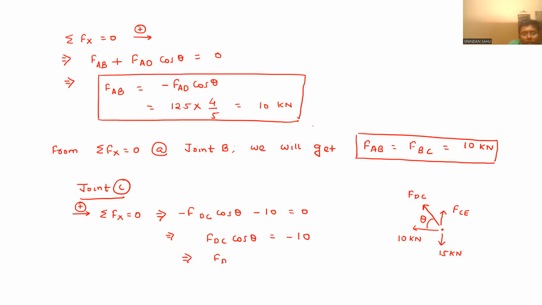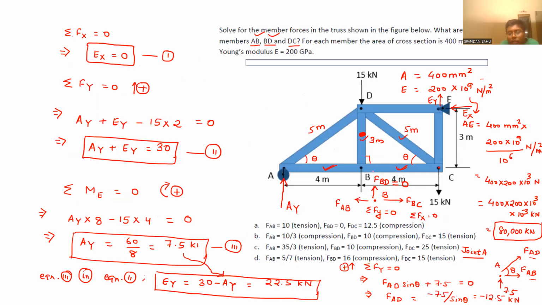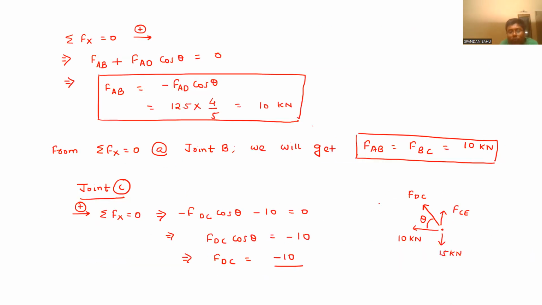From here, FDC will be equal to minus 10 upon cos theta value. It will be base by hypotenuse, so 4 by 5. So minus 10 into 1.25, so minus 12.5 kilonewton. This minus represents compressive force.